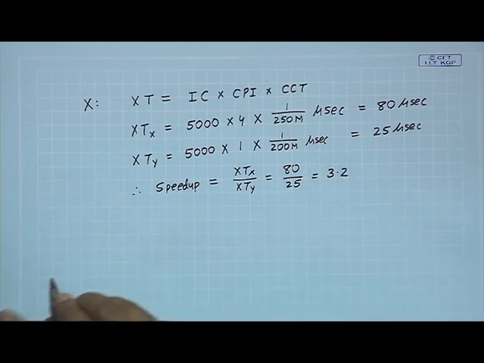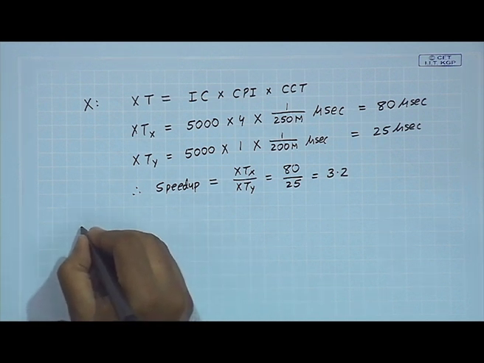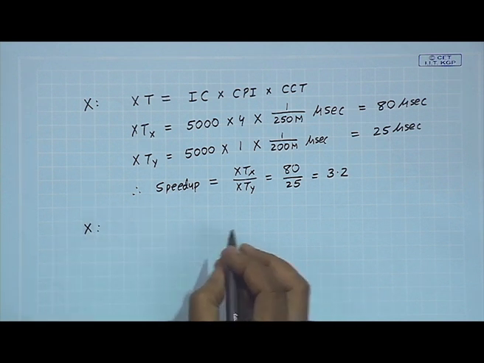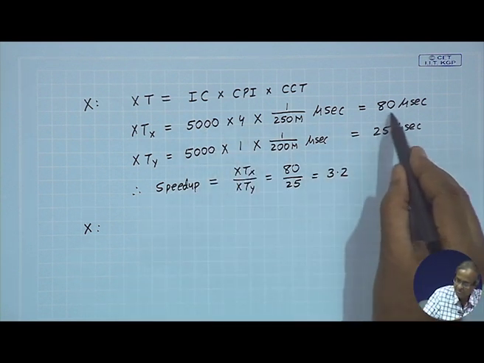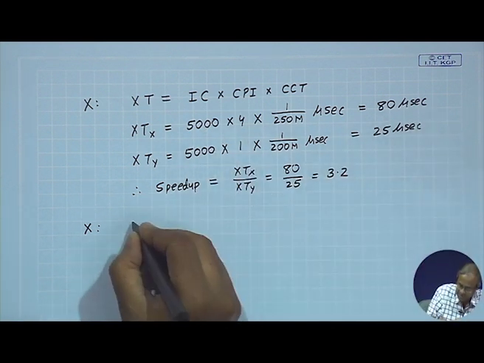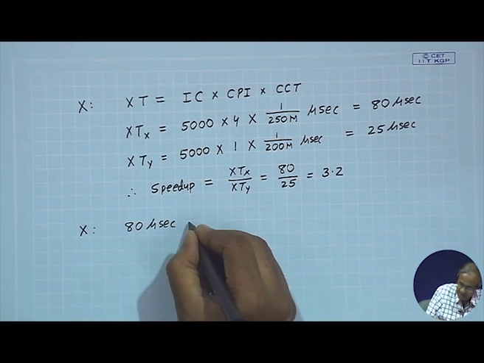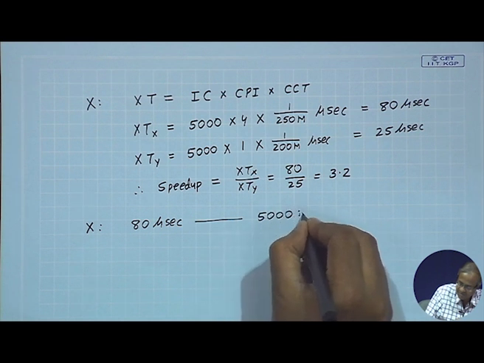Now, the second part of the problem concerns the MIPS rating. Again for the machine X, for executing 5000 instructions you require 80 microseconds. So, you can say that in 80 microseconds you are able to execute 5000 instructions.